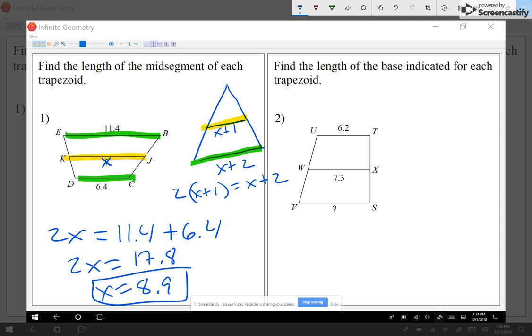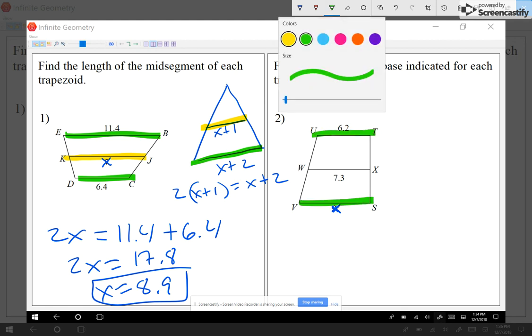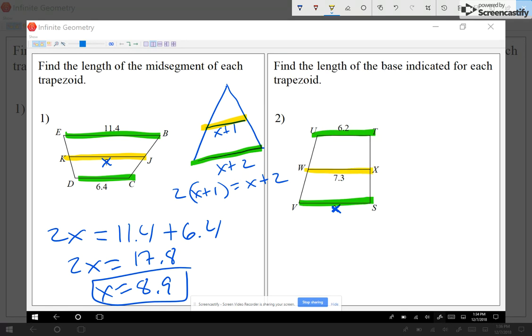That's it. If I look at question number 2, the question mark, I'm going to change it for an x again. I'm going to do the bases in green, and I'm going to do the mid segment in yellow. So I'm going to go 7.3 times 2, right? The mid segment times 2 equals, in this case, 6.2 plus x, the sum of the bases.